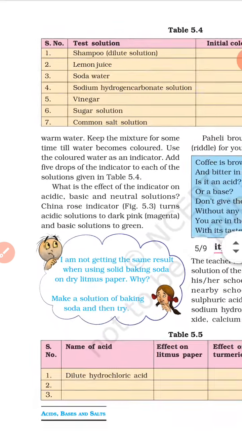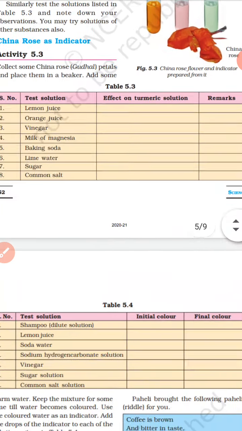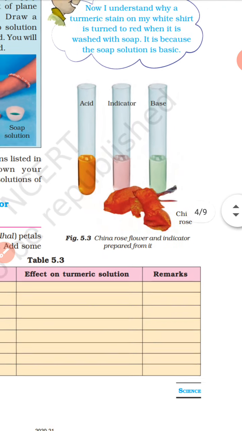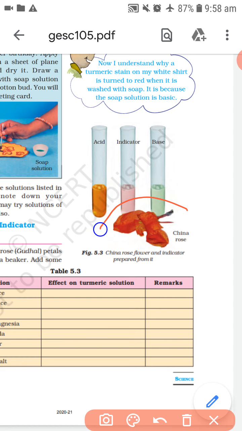So students, see what is going on over here is that you have to collect China rose. आप इस पिक्चर में देख सकते हो. See, this one is the China रोज़. ये जो फ्लावर आप लोगों ने देखा ही होगा, बहुत जगहों पे. तो इसमें क्या किया गया है, you have to take a shield, and first one would be the acid, second one would be the indicator and the third one would be the base. Okay, and you have to put the petals over there under those 3 stalks.